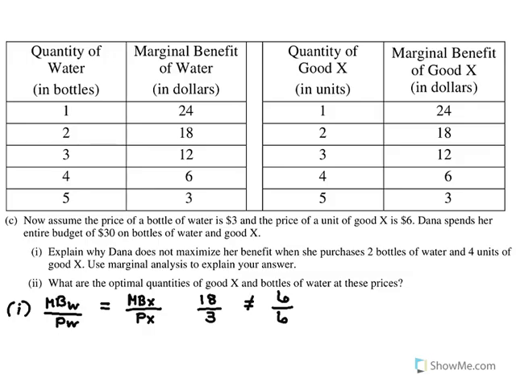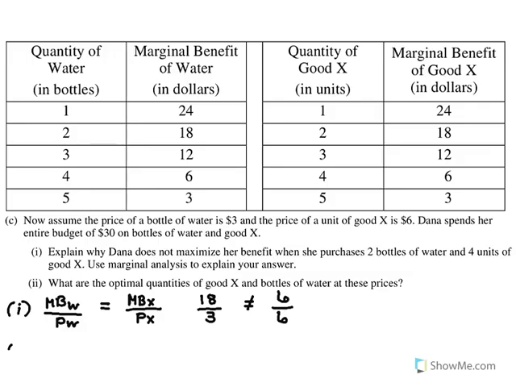So no, they do not equal. And that would be your answer there. You could just show this equation, show that they're not equal, and that should be sufficient. You could also write out something like, the marginal benefit per dollar spent on bottles of water does not equal the marginal benefit per dollar spent on the units of X. Again, a lot of words there, but that would work as well.